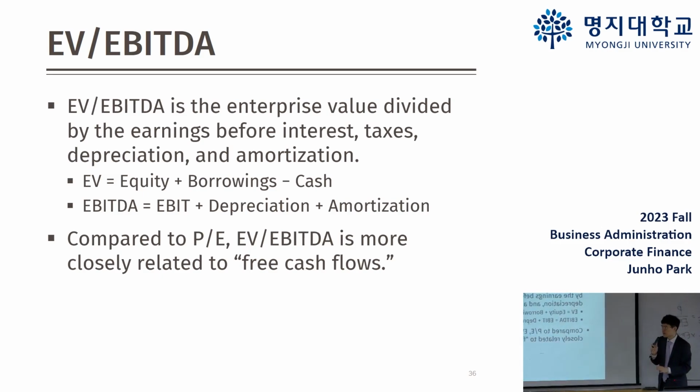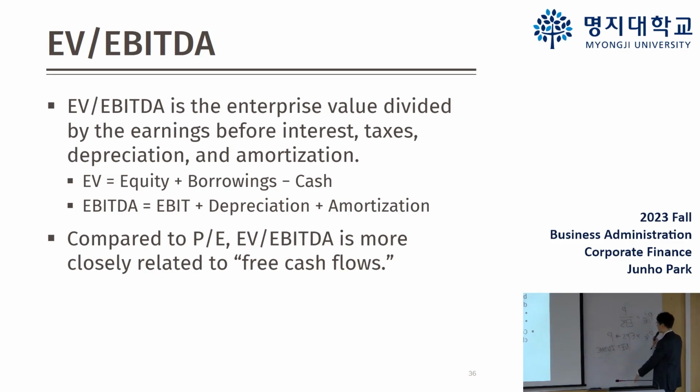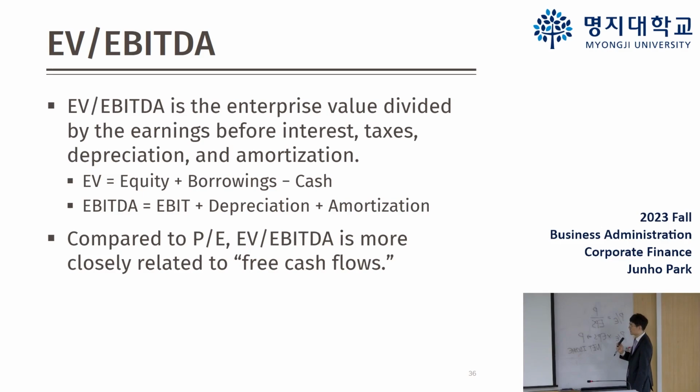So nowadays EV/EBITDA is more popular, especially among investors and financial institutions in more developed countries such as the US market and European markets. And in Korea, we have used PE ratios very well. However, now the trend is moving toward the usage of EV/EBITDA.